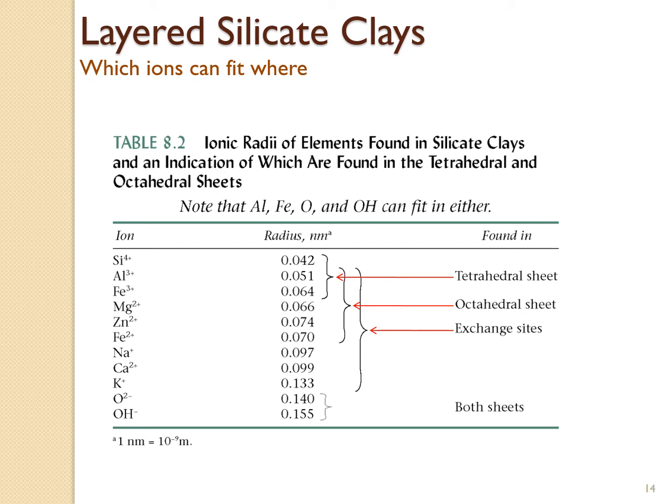For example, iron and magnesium are very similar in ionic radius, so usually they would swap out for each other. The same thing in the tetrahedral sheet: silica, aluminum, and iron can all isomorphically substitute for each other depending on the clay that we're looking at. Whereas in the octahedral sheet, anything from aluminum down to iron.